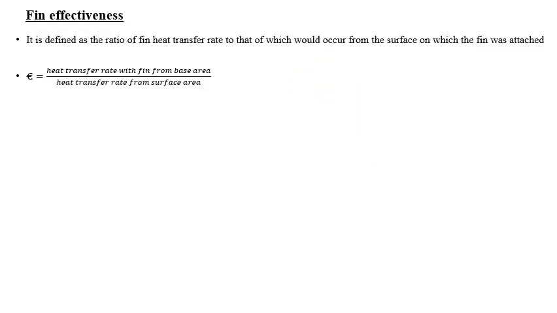So here I'm having a base, right? If I'm having a base without a fin, and I'm having an idea that I should have a fin over the body, so this is called the base area.